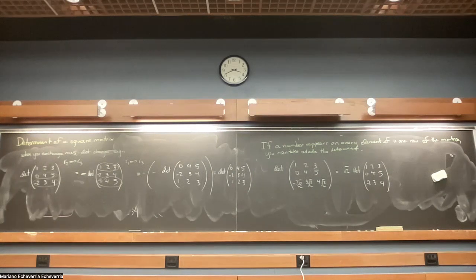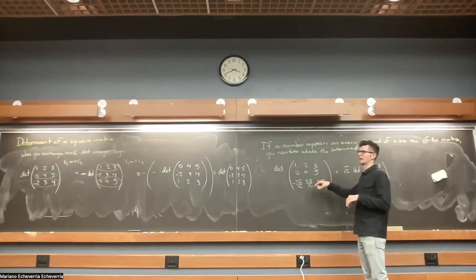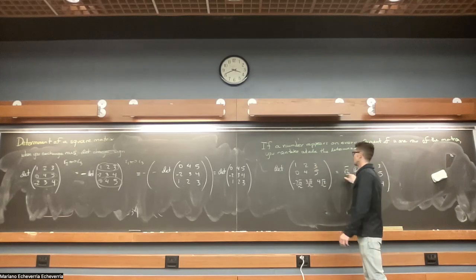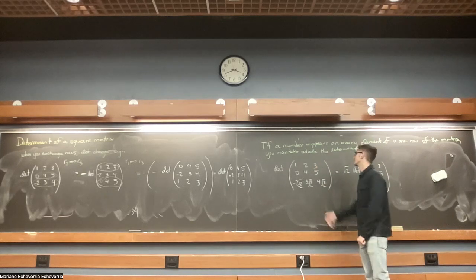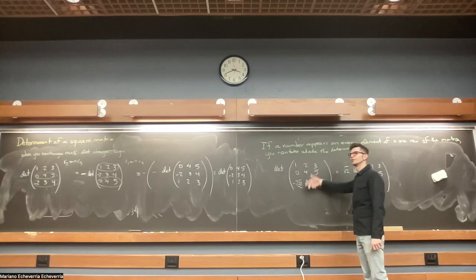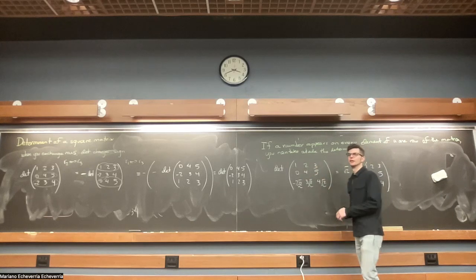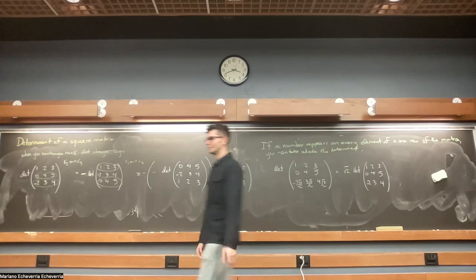But it is important to notice that the rescaling is for each row. So if everything had a root of 2, you would have obtained root of 2 cubed. Or if two rows had root of 2, then you get root of 2 squared. But it's one per row.